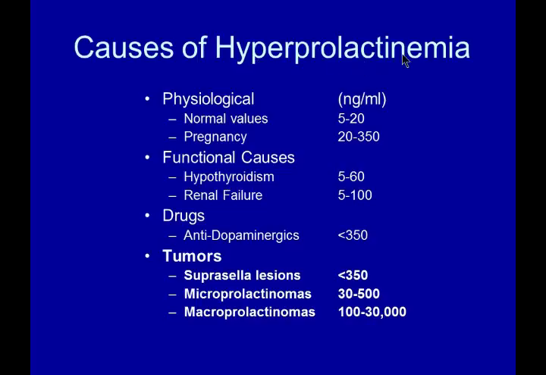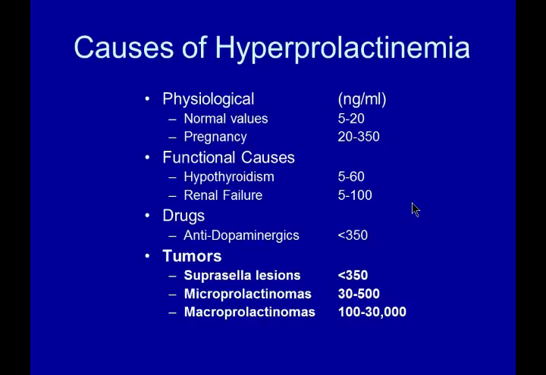So, what are the causes of too much prolactin? Too little prolactin simply would mean no lactation. Physiological causes: normally levels are around 5 to 20, and in pregnancy, due to the proliferation of prolactin-secreting cells, the values can go up to as high as 350. In hypothyroidism, for some reason, it goes up a little bit.